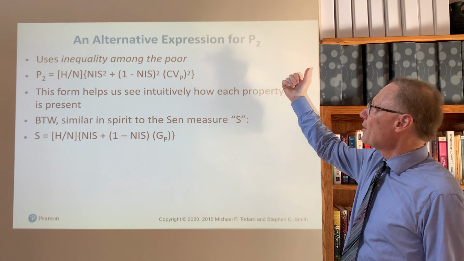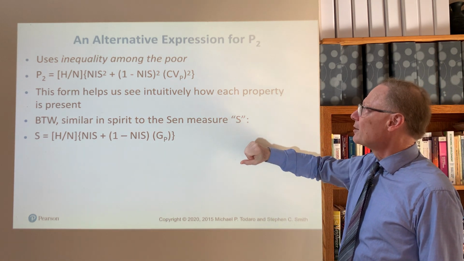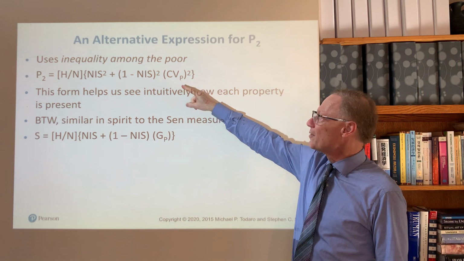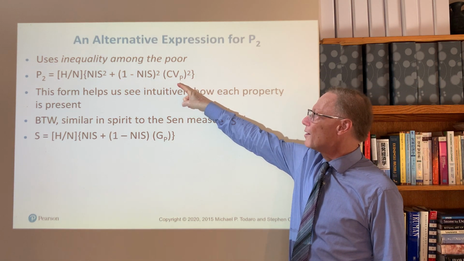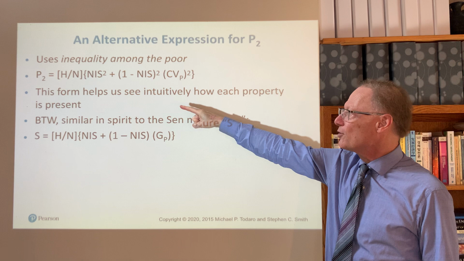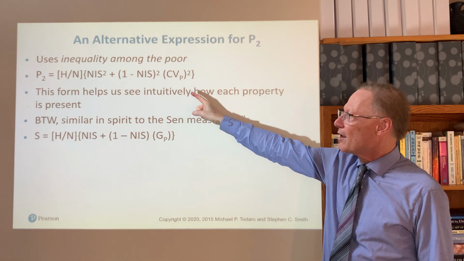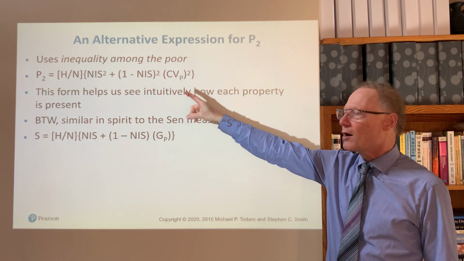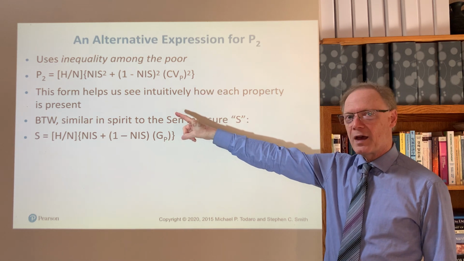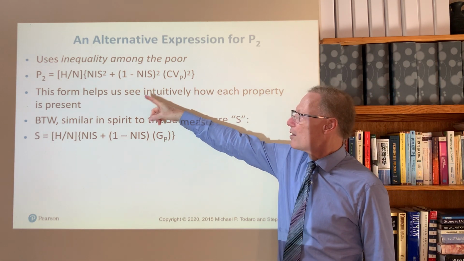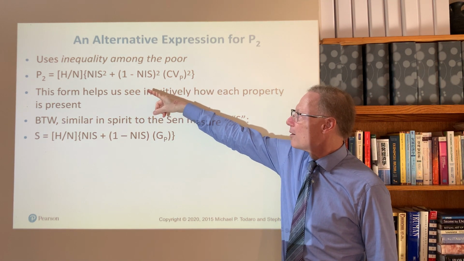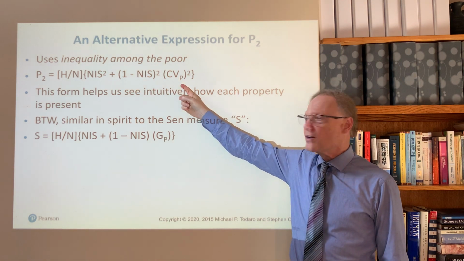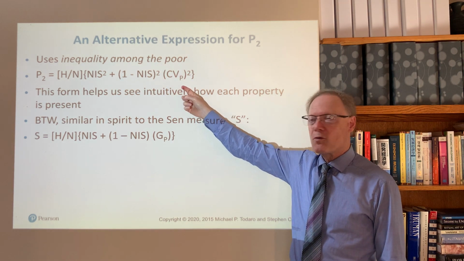An alternative expression for P2 is derived in the text and explained in the text at least, and you can see from it that P2 can also be understood as some combination of the head count ratio, the fraction who are poor, the normalized income shortfall, and the coefficient of variation of incomes among the poor.